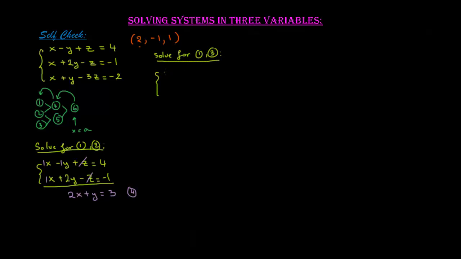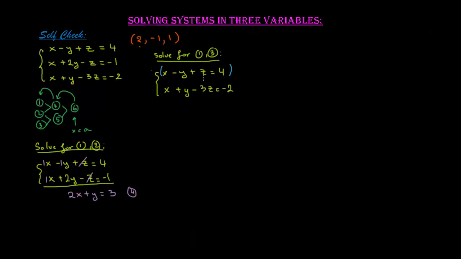So we have x minus y plus z equal to 4, and x plus y minus 3z equal to -2. It looks like y is already opposite, but we cannot cancel it because we canceled z before. We have to cancel z again this time.